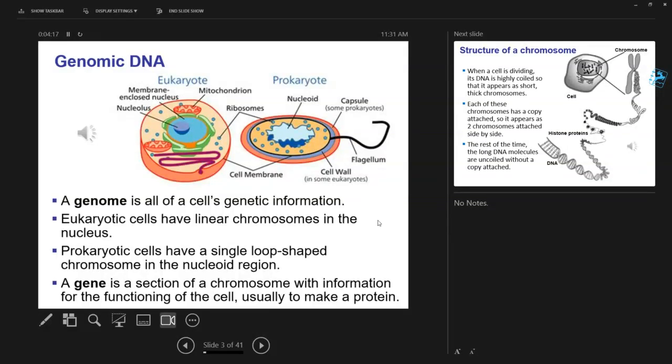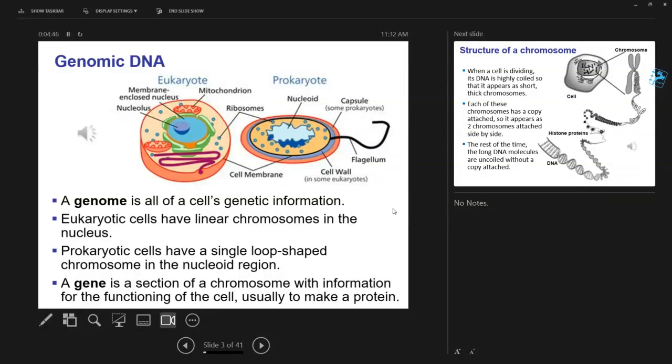Most of the information in genes is for making particular kinds of protein molecules. Remember, a protein molecule is made up of a bunch of amino acids in long chains. The gene tells the cell which amino acids to put together in what order along that chain to make a particular protein molecule.